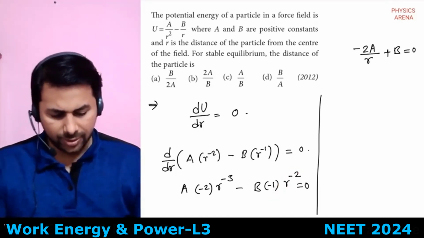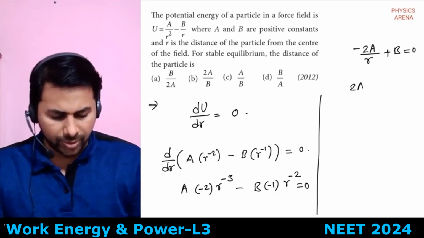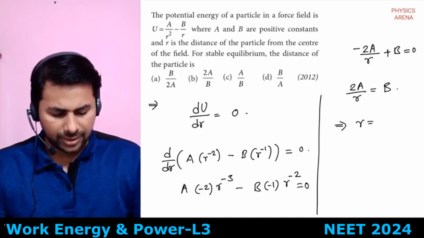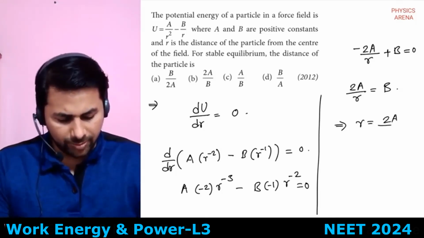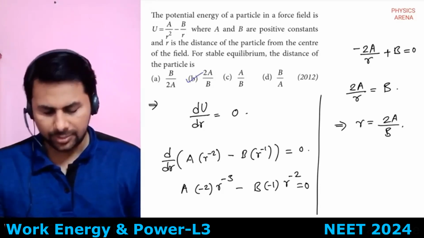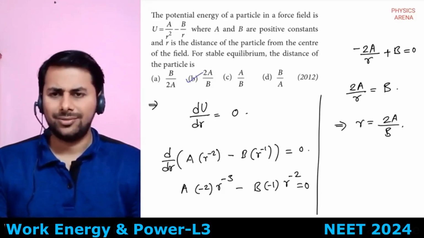This is equal to 0, and therefore you have 2A upon R equals B, and R is equal to 2A upon B. This is your answer.